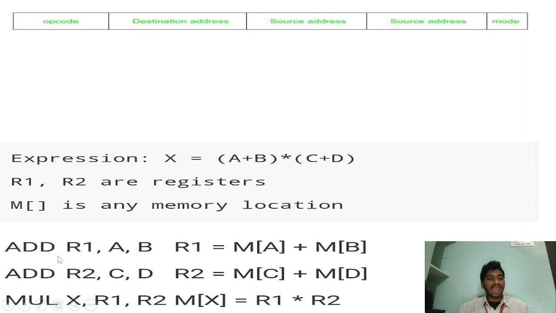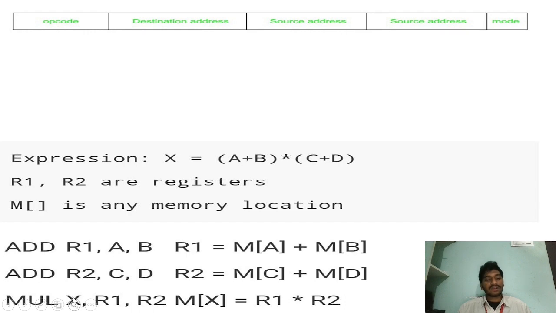The first step is ADD R1, A, B. So add the A value and B value into R1: fetch the A value and B value from the memory location as M of A plus M of B, and add it to the R1 register. Second, ADD R2, C, D: fetch the C value and D value from the memory location, and the result is added to the R2 register.